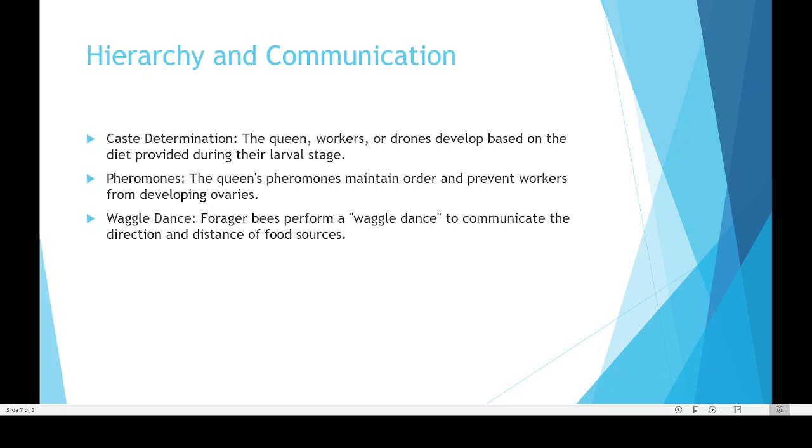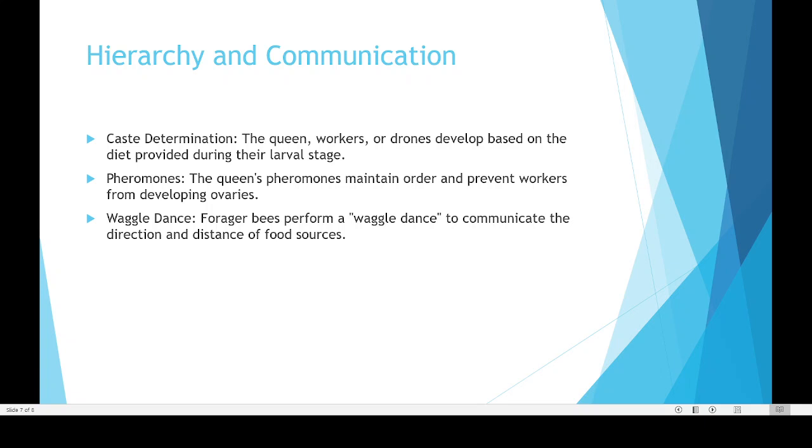That is, this is the sun, and at which angle with the sun the food source is present, they can communicate by their dance movement. So that is an important discovery made by scientists. It's a very peculiar type of behavior present only in honeybees.